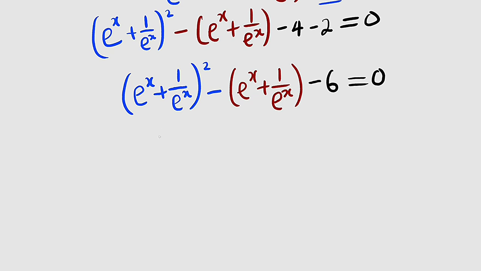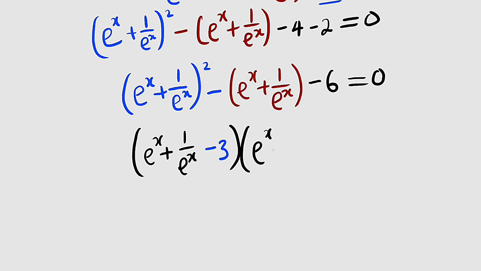So we can finally factorize this as (e^x + 1/e^x − 3) multiplied by (e^x + 1/e^x + 2), the whole of this equal to 0.